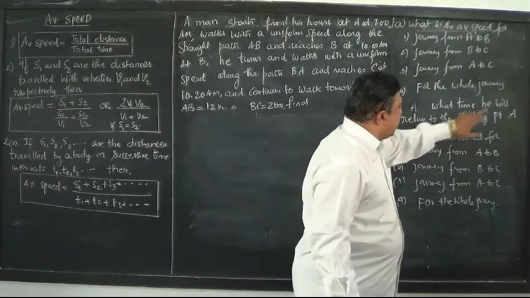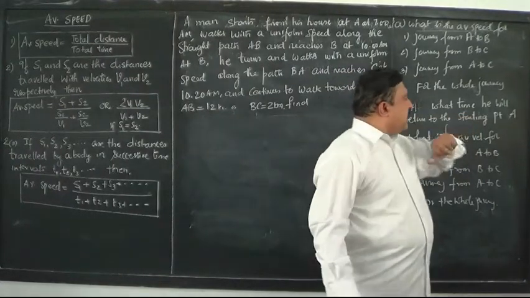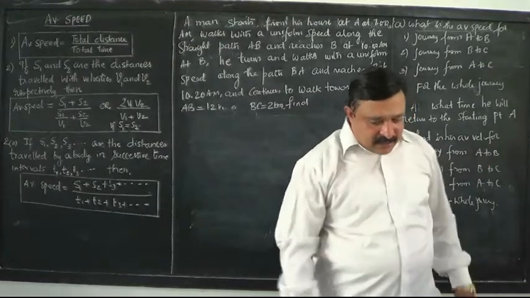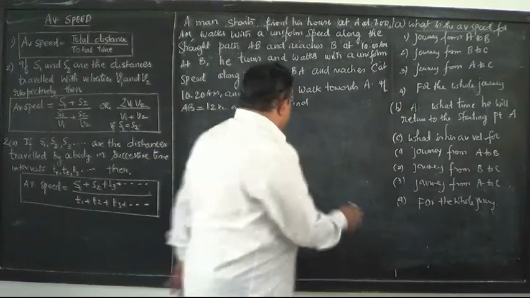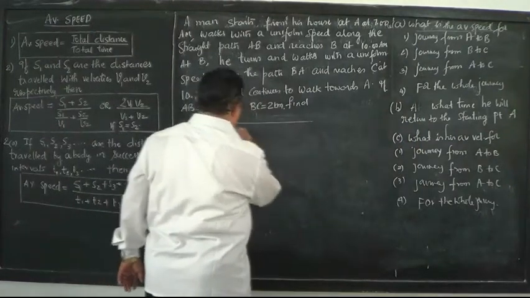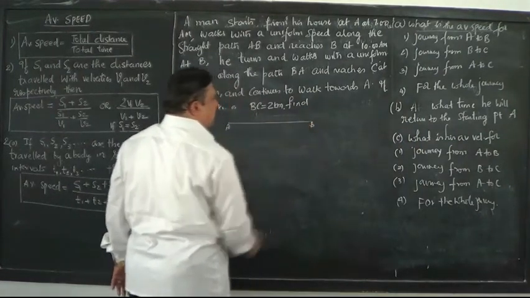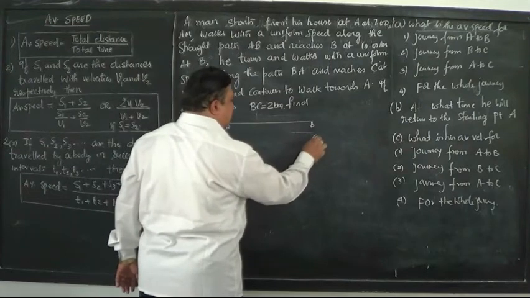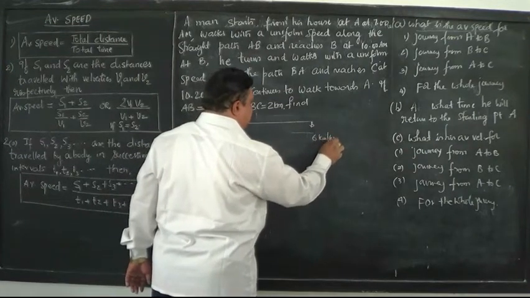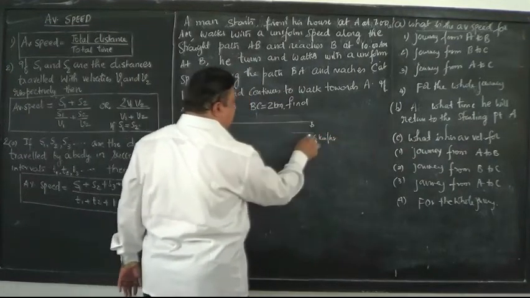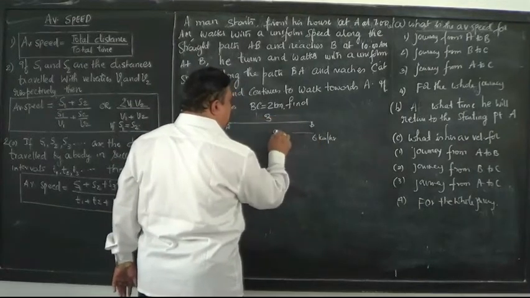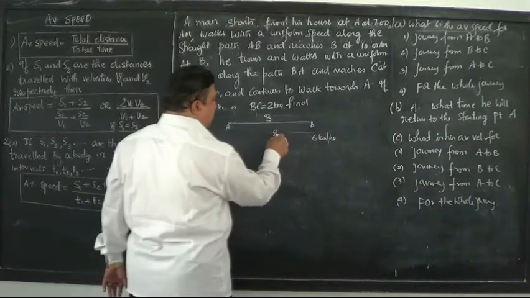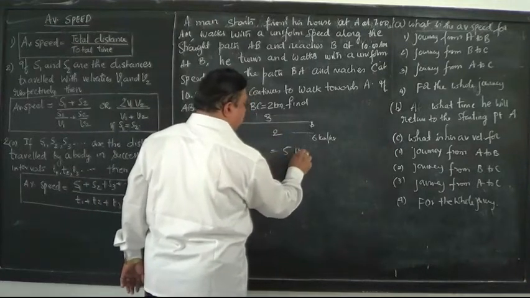At what time will he return to the starting point A? See, he took 3 hours from A to B, at the rate of 6 kilometers per hour, and he walked down the entire stretch. While going he took 3 hours, while coming he took 2 hours. So 3 plus 2, totally 5 hours.